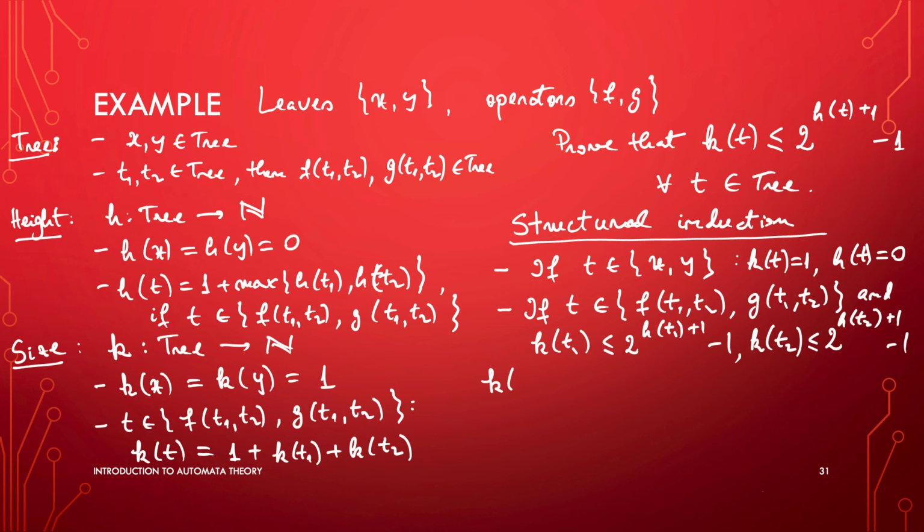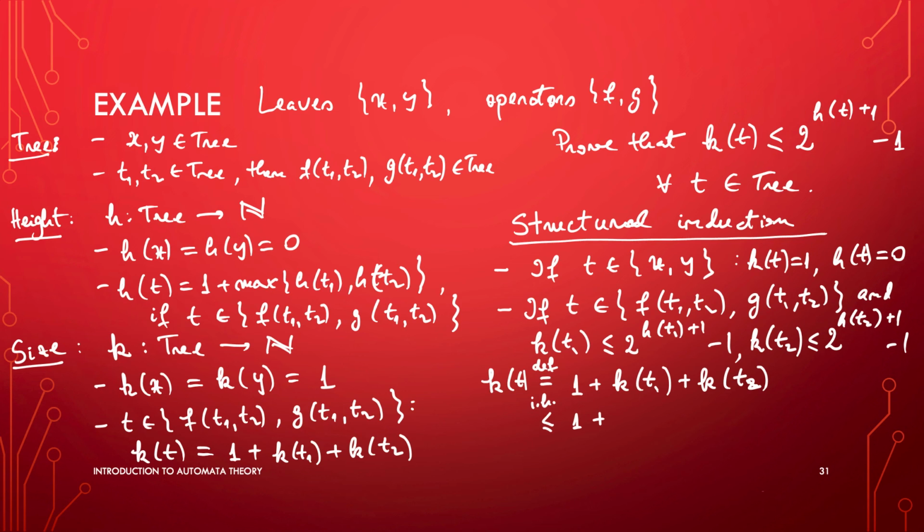So here are some calculations. The size of T is equal, by the way we define the size function, to 1 plus the size of T1 plus the size of T2. And then by induction hypothesis, this is smaller than or equal to 1 plus, and instead of the size of T1 and the size of T2, we put these expressions.